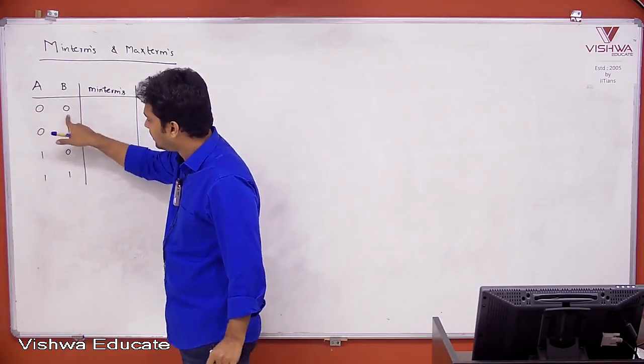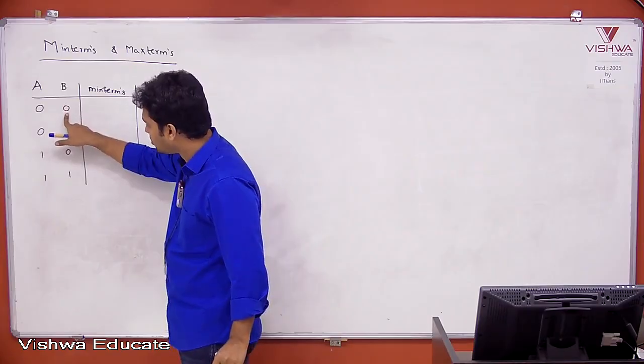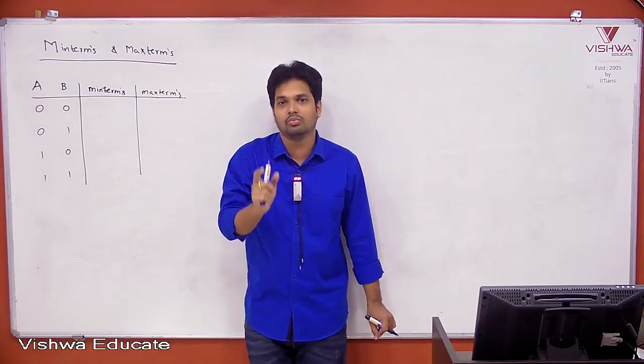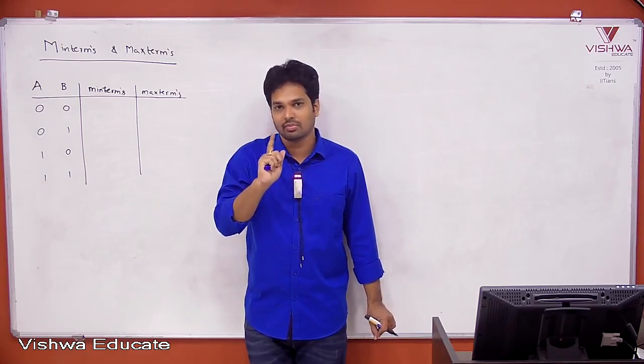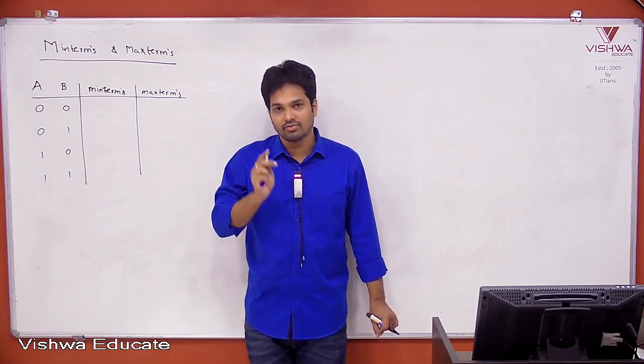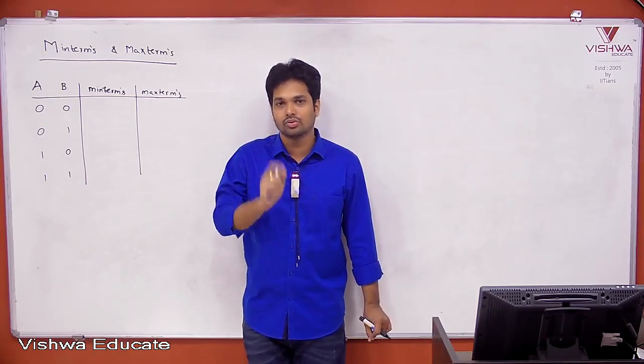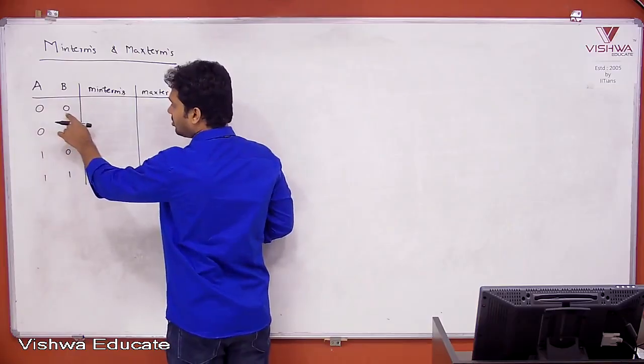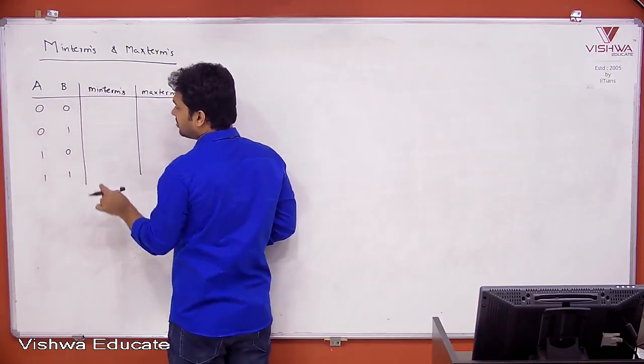Whenever A and B are 0 0, I want my output to be 1. For that, what is the input you should give? That is given by min terms. So whenever A and B are 0 0, my output should be 1.